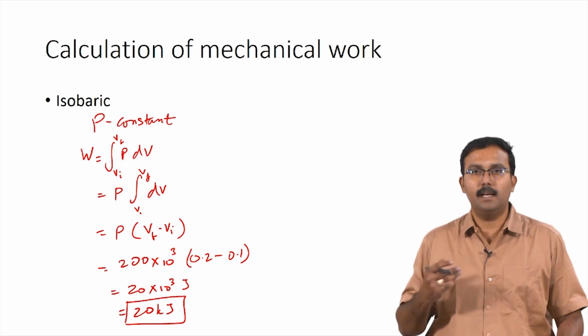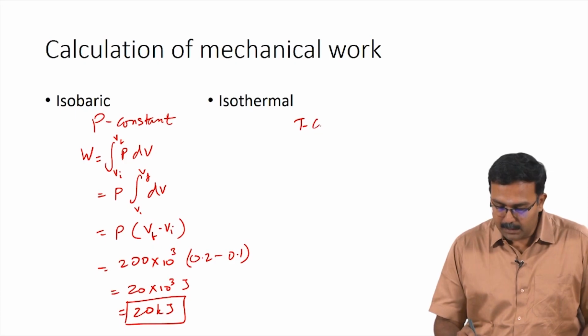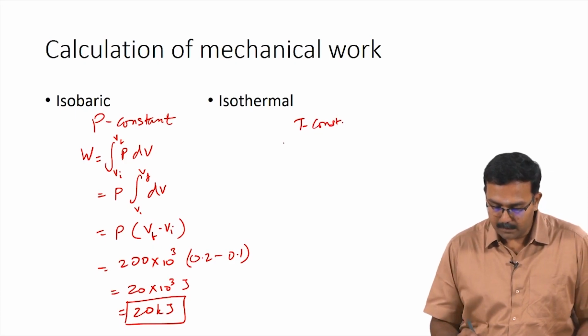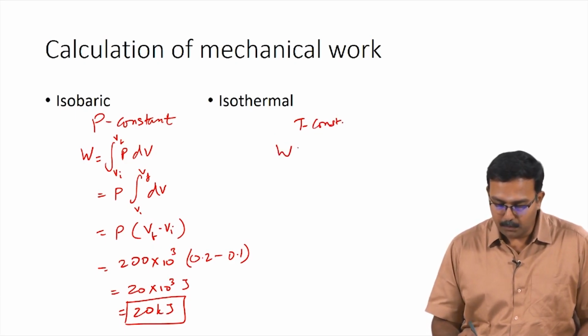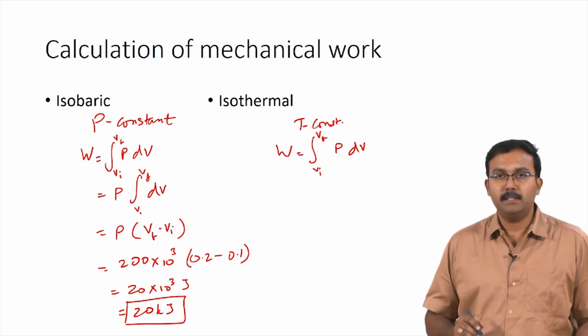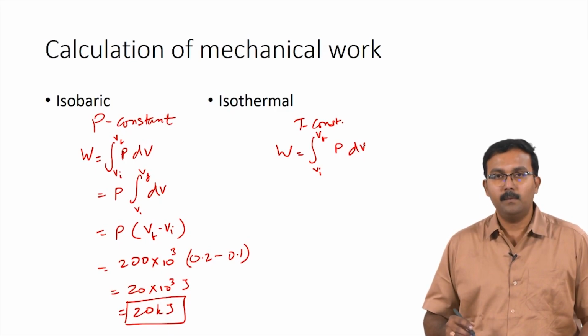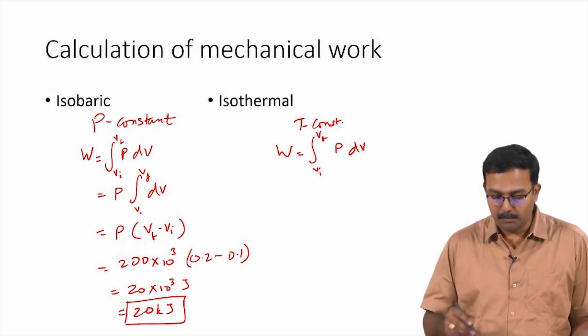Now, let us look at an isothermal process. For an isothermal process, temperature remains a constant. So, work equation is still integral V initial to V final P dV, but pressure is not a constant. So, we need to convert this pressure in a way that we can actually represent the volume term also.